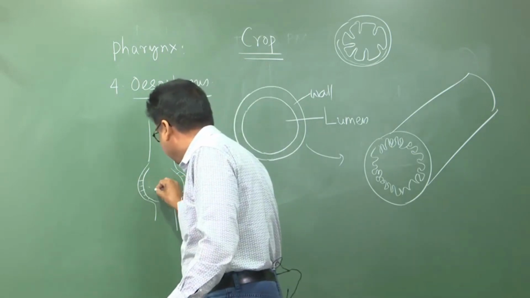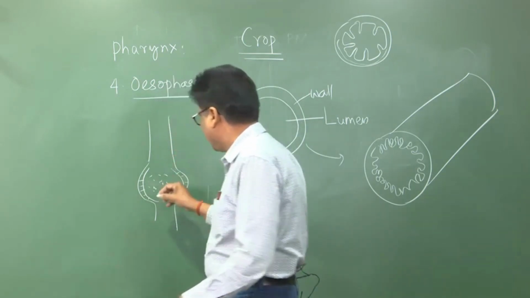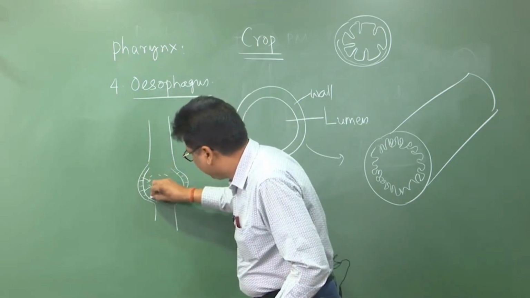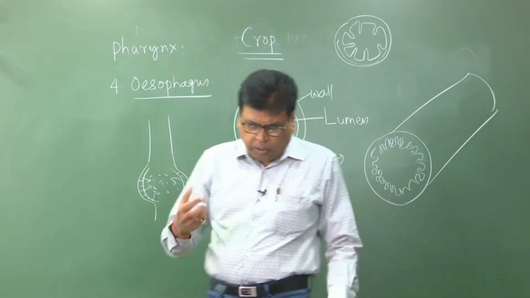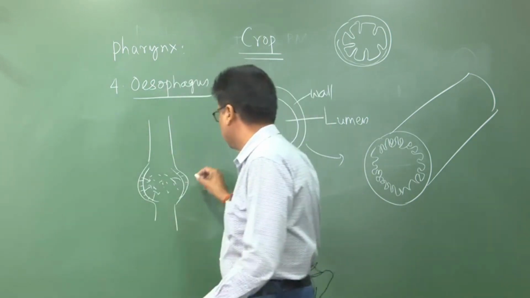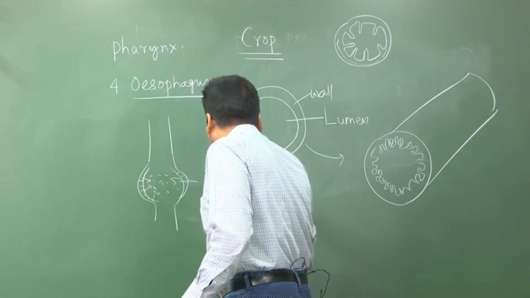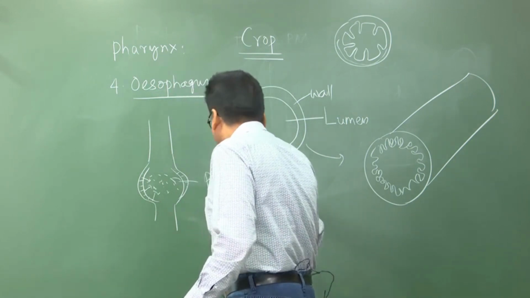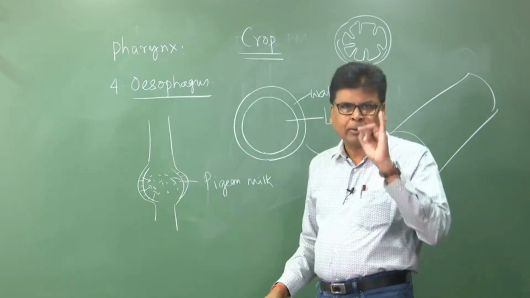This fat substance discharged into the lumen of the crop produces pigeon milk. Whenever the pigeon takes food material, first, this food material is stored in the crop.